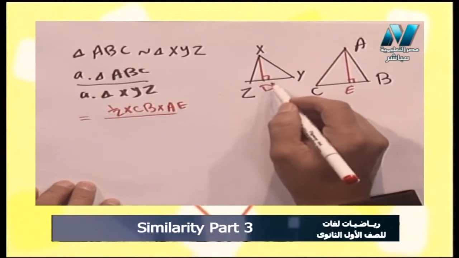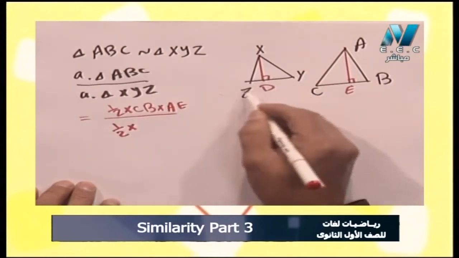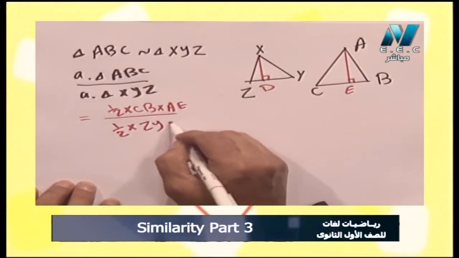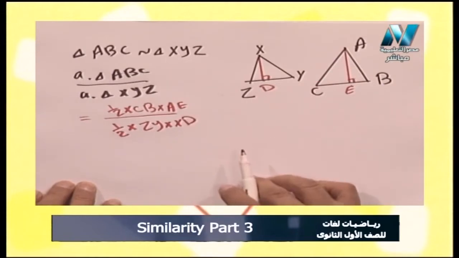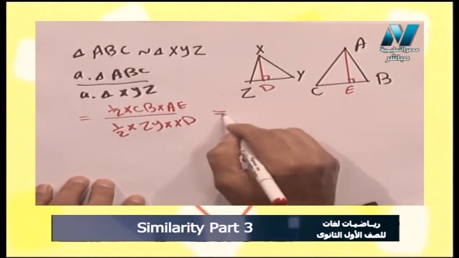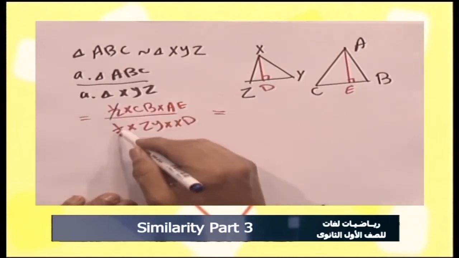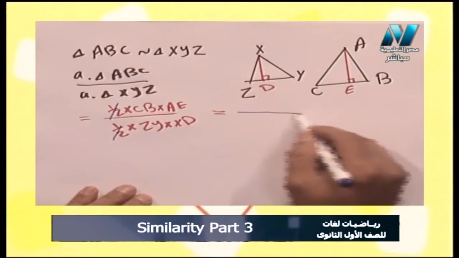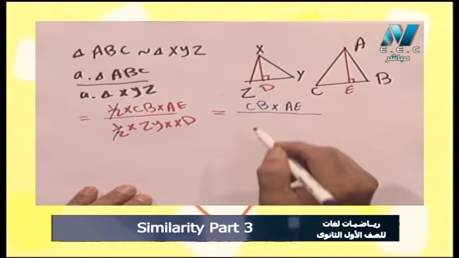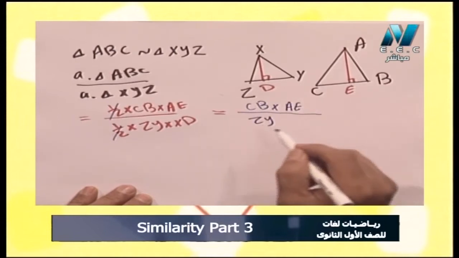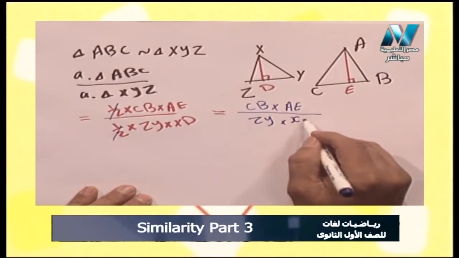And the area of triangle XYZ will be half ZY, which is the base, multiplied by the height, which is XD. So we can simplify this. Half cancelled with half, so the final answer will be CB multiplied by AE over ZY multiplied by XD.